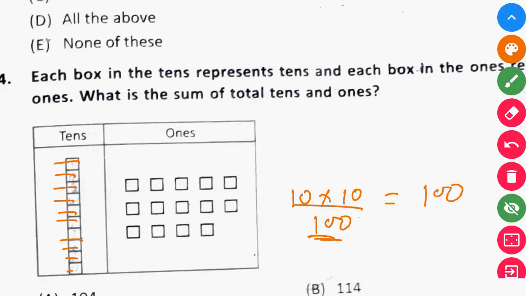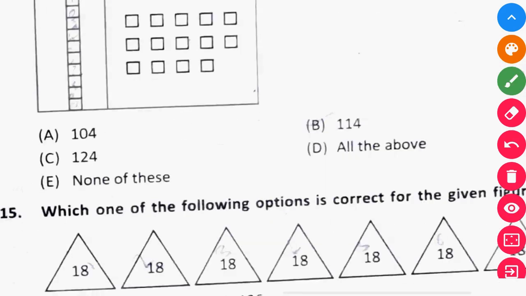So this is 100. And how many ones? 1, 2, 3, 4, 5, 6, 7, 8, 9, 10, 11, 12, 13, 14. So add 14 ones to the 100. So you will get the answer 114. So option B is the correct answer.